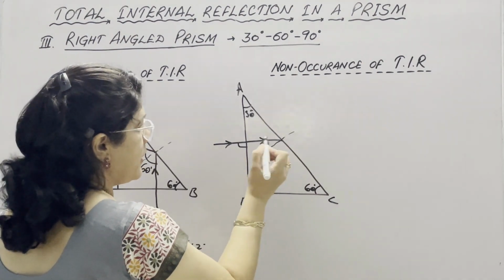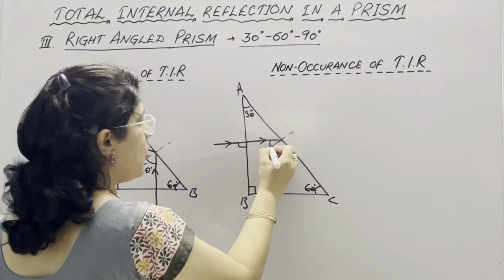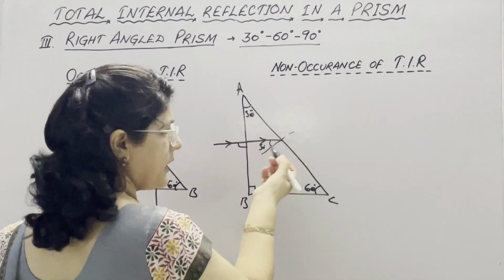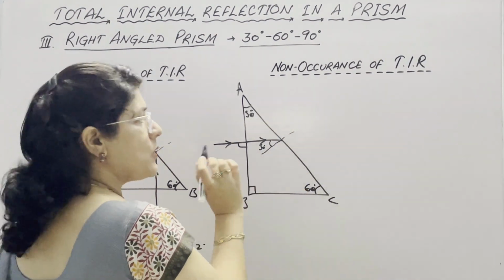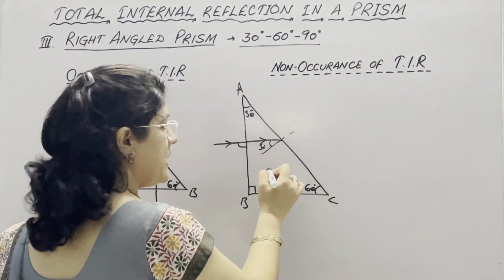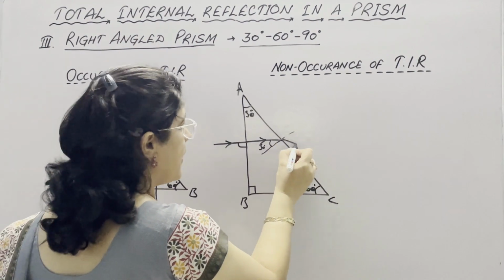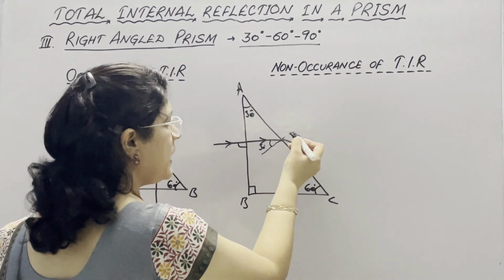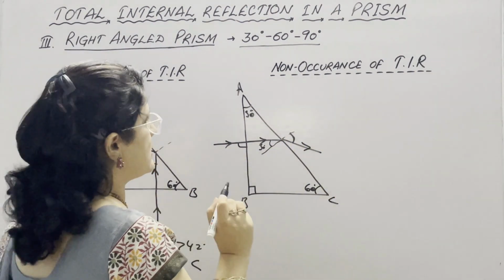Here it is normal. It makes an angle of 30 degree with the normal, and 30 degree is less than the critical angle. So here TIR will not happen, and the ray is going from denser medium to rarer medium. It bends away from the normal and goes like this. So this angle is more than 30 degree and again less than 60 degree.